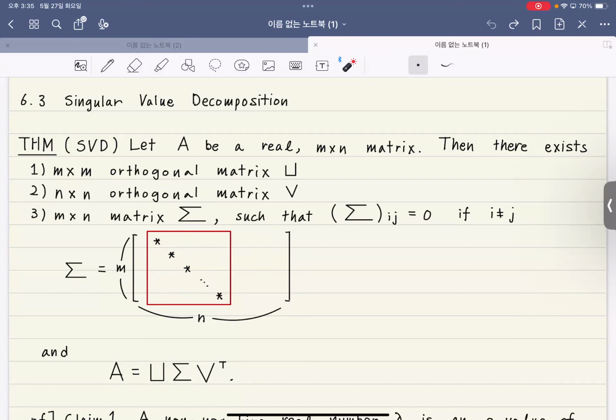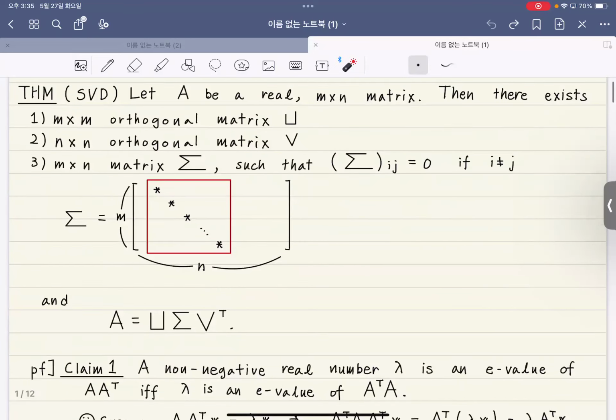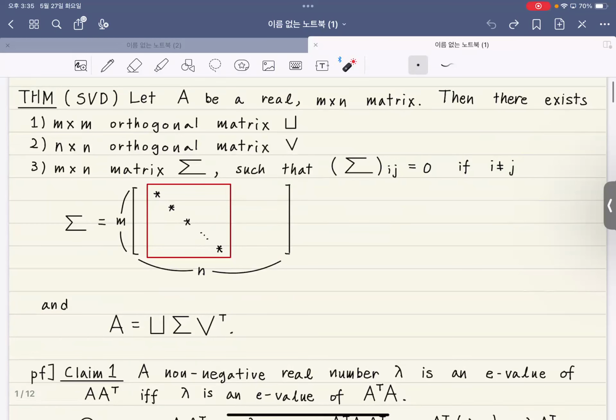The conclusion of the theorem is that I can find these three matrices, U, V, and sigma, such that A is U times sigma times V transpose. I will try to explain how to find such matrices U, sigma, and V, and what meanings lie underneath.